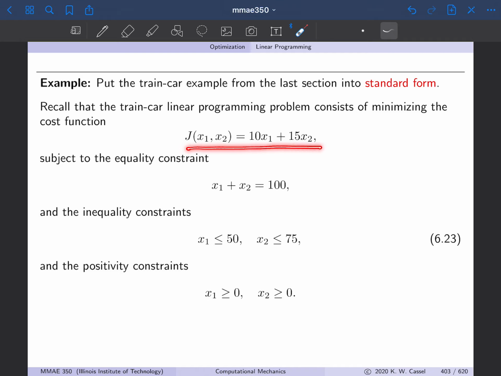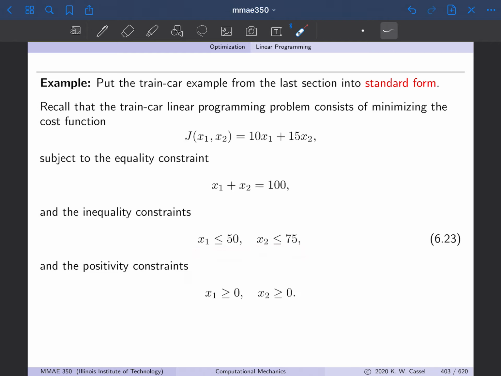So we have the cost function, J, which is 10 times x1 plus 15 times x2. Remember, this was the cost of each train car on the first and the second train, respectively. We had one equality constraint, and that was the sum of the number of cars has to equal 100. Then we had our two inequality constraints, that the first train could only pull up to 50 cars, the second train could pull no more than 75 cars.